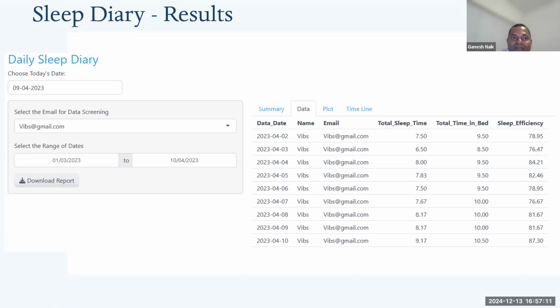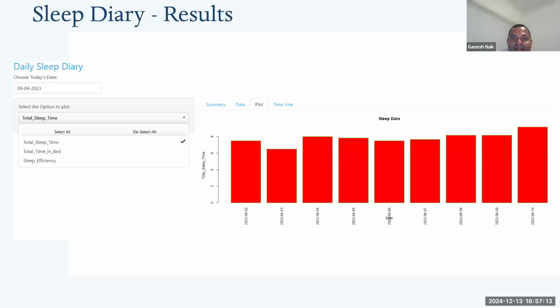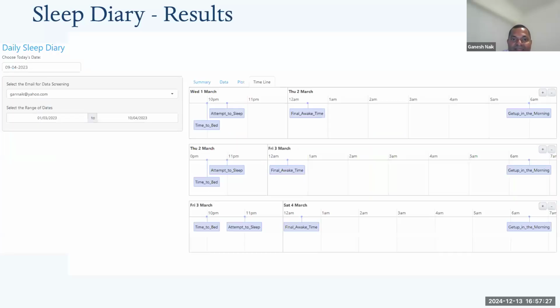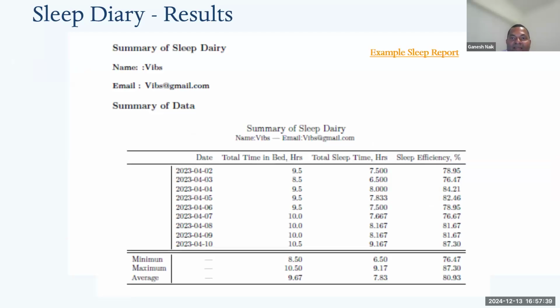It is very good for clinical studies, and it automatically gives the report, the plots with everyday sleep details, and sleep efficiency, and finally some kind of flow chart, where patients could also see their weekly details. And finally, I made a provision for them to download a report as a PDF.